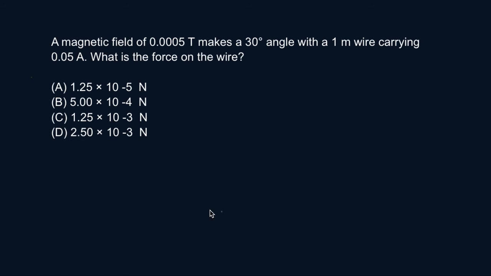All right. So we have F is equal to I, L cross product of B, which is essentially I, L, B, and sine of theta, and theta is actually the angle between the length and the magnetic field, I guess, and that's what's given here as a 30-degree angle.